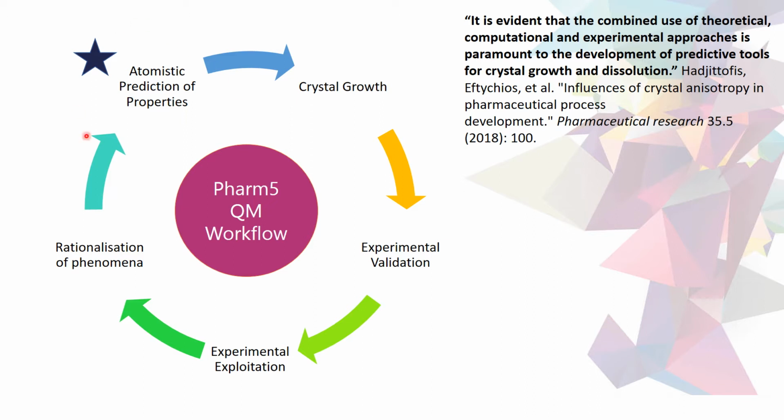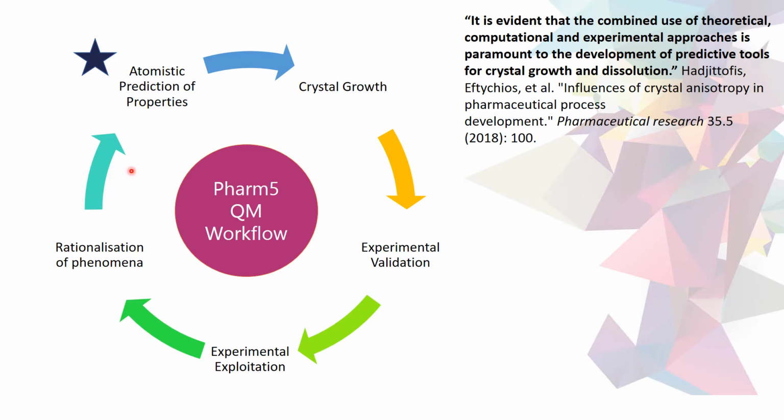So we'd start with our predictions and then go through the workflow of the experiment and the characterization, hopefully moving those crystals further along the line, while also rationalizing the behaviors that we're seeing in order to go back to engineering crystal properties.